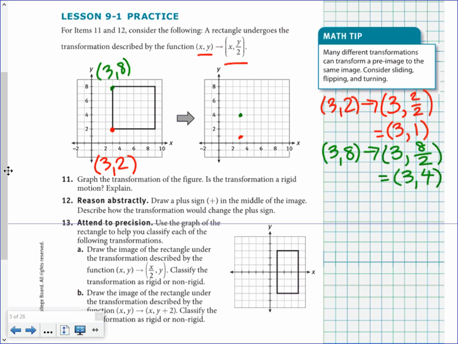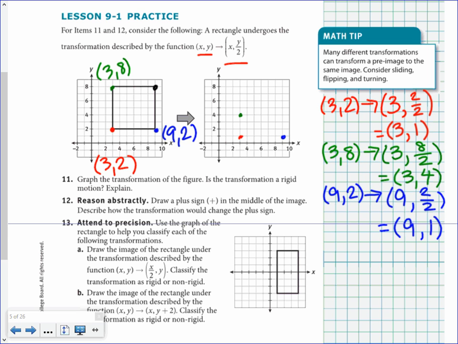If I look now at my bottom right corner, I have the point (9, 2). So if I apply my transformation function to the point (9, 2), that's going to go to (9, 2 over 2), which is (9, 1). Then my last corner that I have is my top right corner.